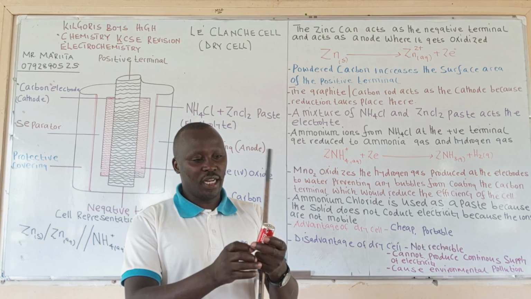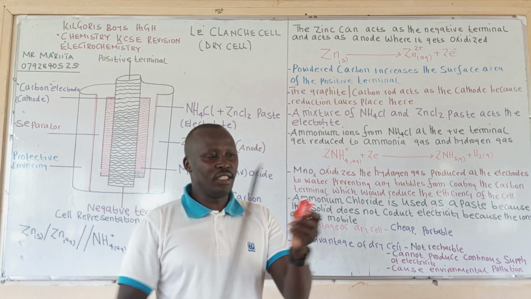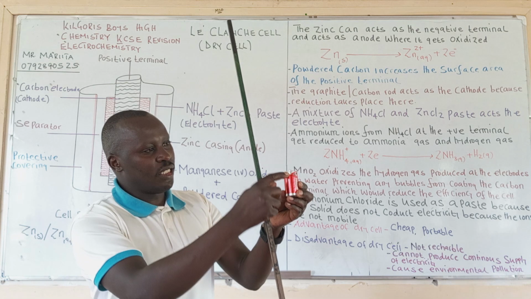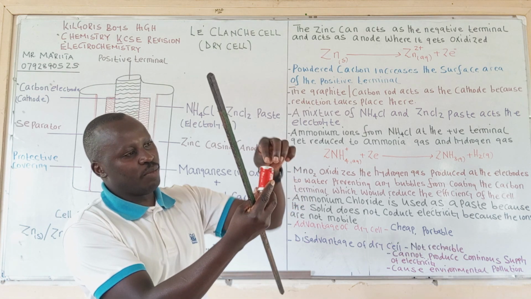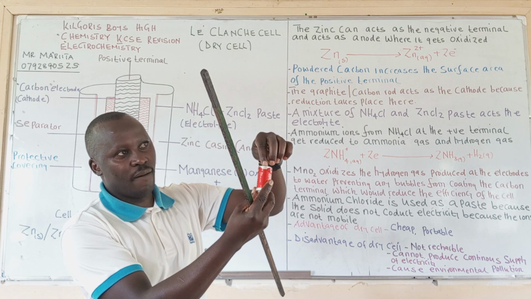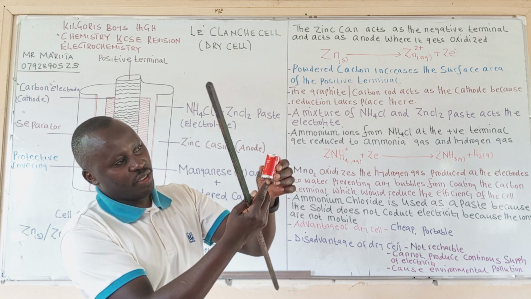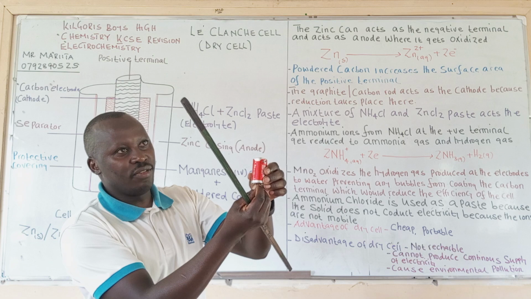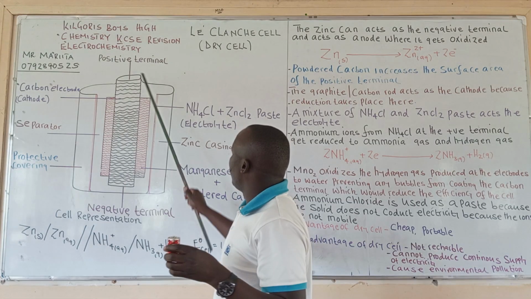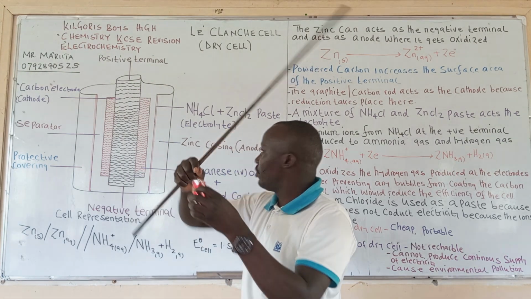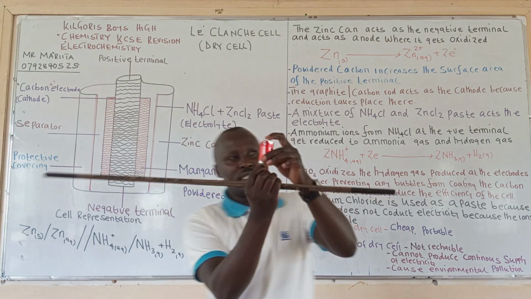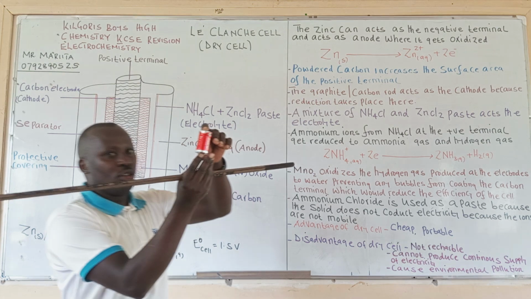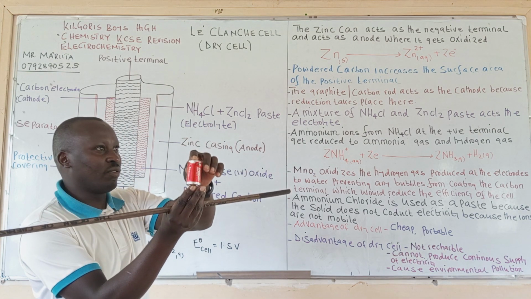If you look at this cell, the top here is the positive terminal, and then at the bottom here we have a negative terminal. So this is the dry cell we have.